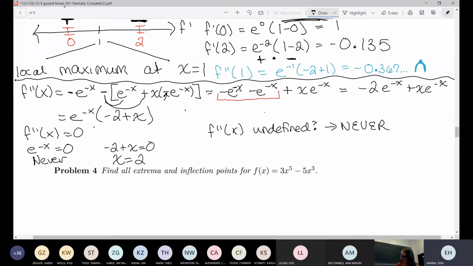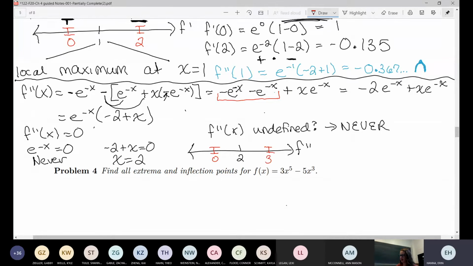And then we have to do our second derivative number line, and then we're done with this problem. So we have 2, and we need to pick our test points. Now remember, for inflection points, this is the only option you have. You find the number line and you figure out if it changes sign.